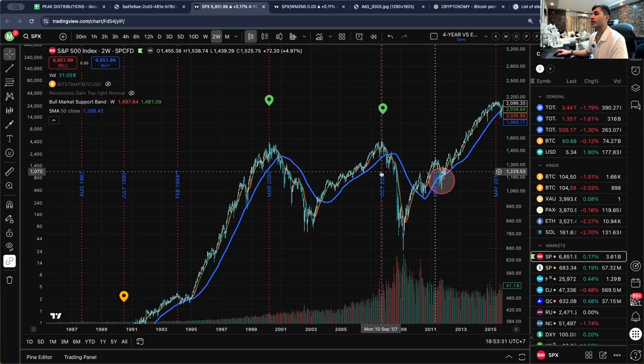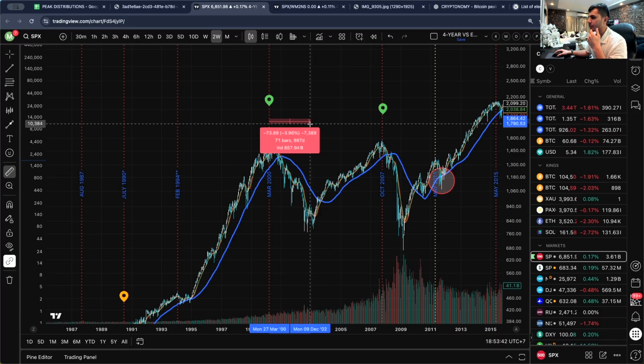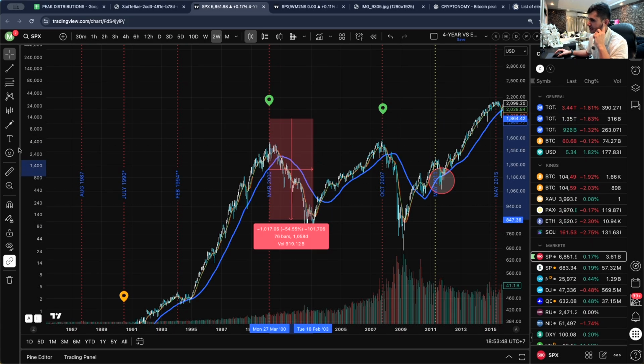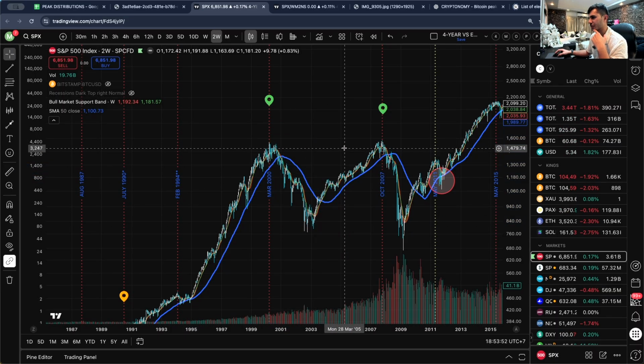This cycle was very deadly, the dot-com bubble, right? So we did have a long bear market of 3 years and a huge downtrend. That was killer. A 50% downtrend over 3 years.